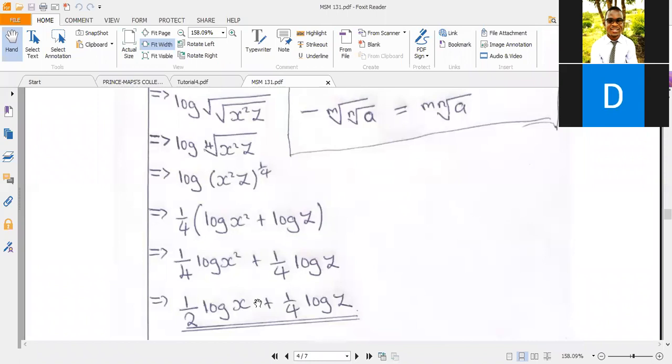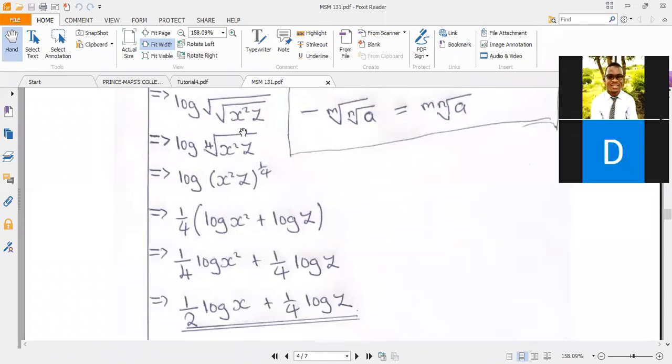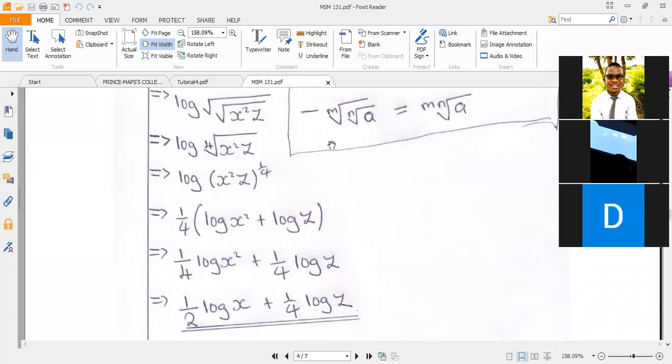Okay. I've seen a question from Melek Chambwe. Why are we squaring the x? So, Mr. Melek, you realize that the square root of x squared is just x.